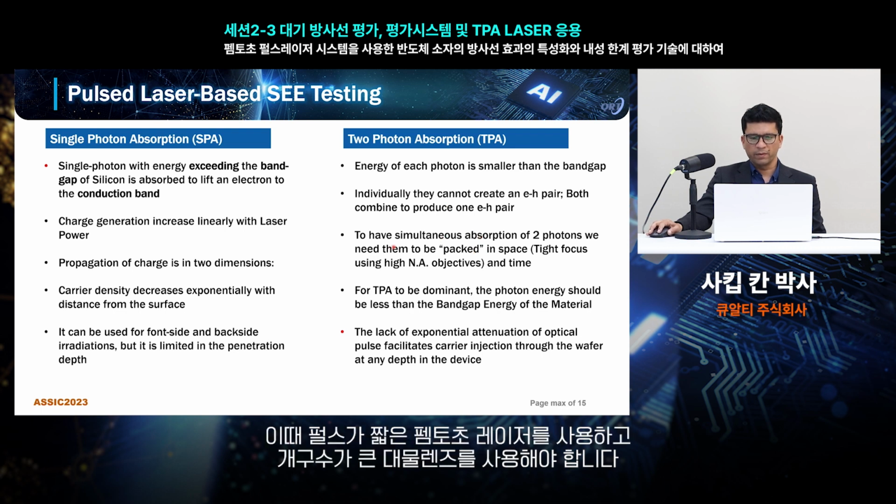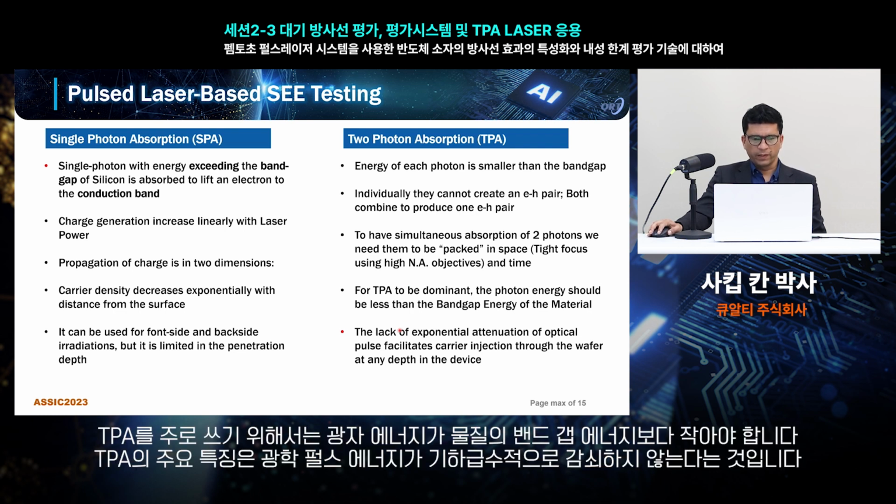This means we must use a femtosecond laser with very short pulses and an objective with very high numerical aperture. For the TPA to be dominant, the photon energy should be less than the band gap energy of the material.